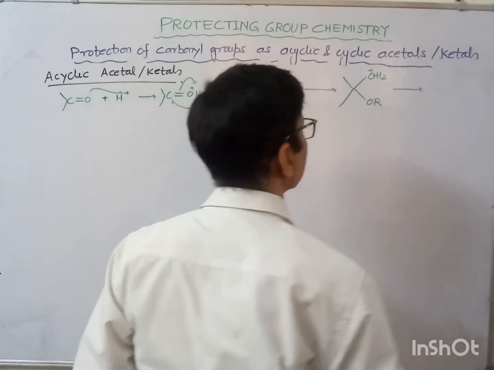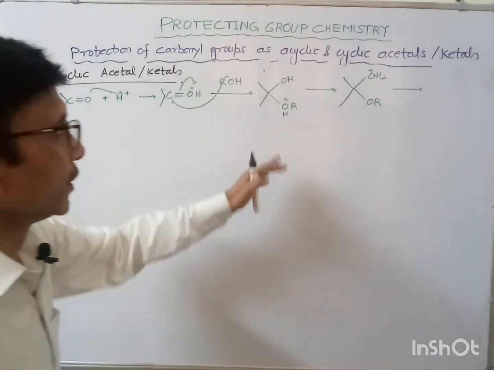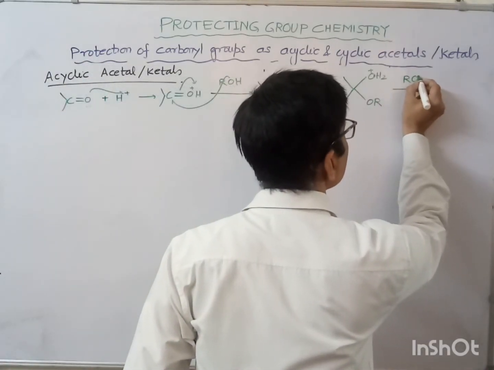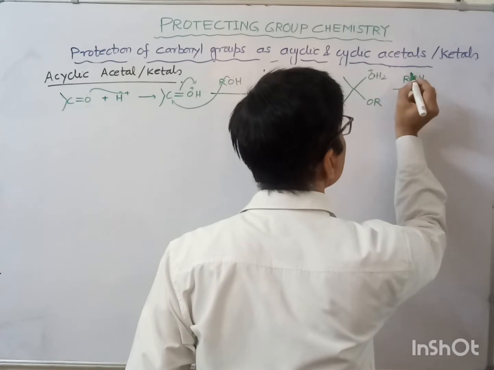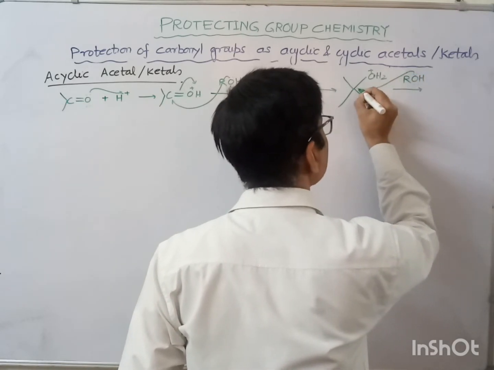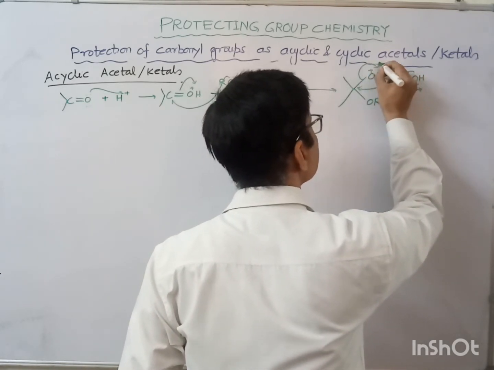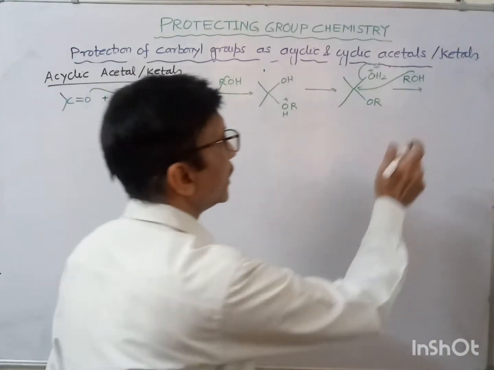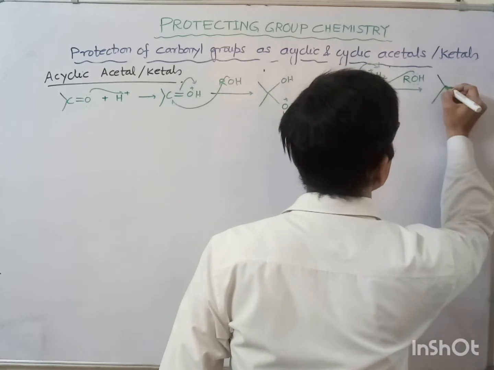Then in presence of a second molecule of ROH alcohol, this will attack over here, and this H2O being a leaving group will leave out.